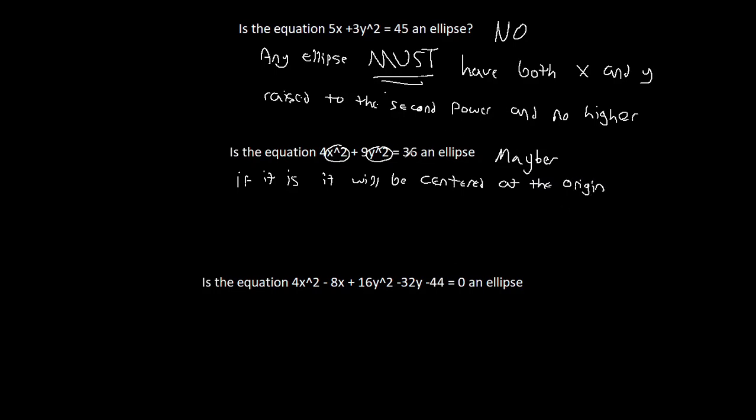In fact, this will almost always be an ellipse. As long as you have an x squared and a y squared and no other variables or anything, it will be an ellipse, and it will be centered at the origin.